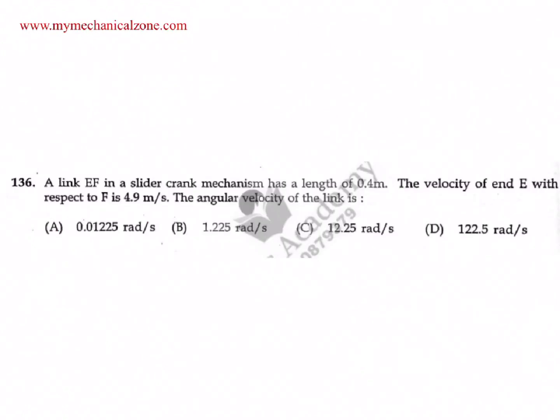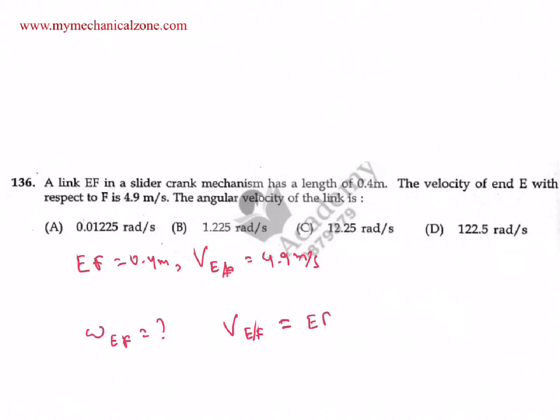A link EF in a slider crank mechanism has length EF equal to 0.4 meter. Velocity of the end E with respect to F is equal to 4.9 meter per second. Angular velocity of the link omega EF equal to how much? So we know velocity of E with respect to F is V equal to r into omega EF.